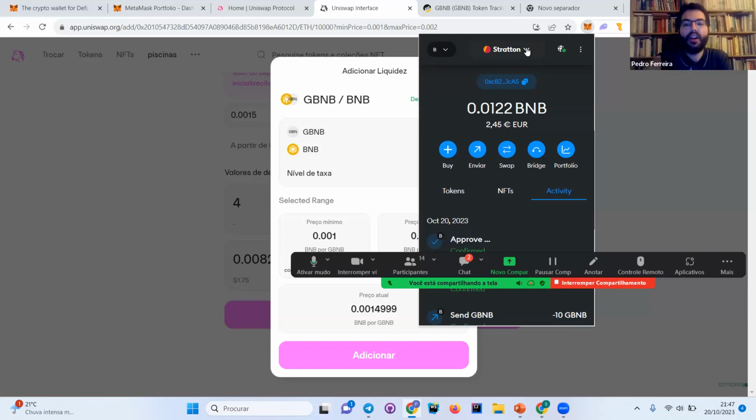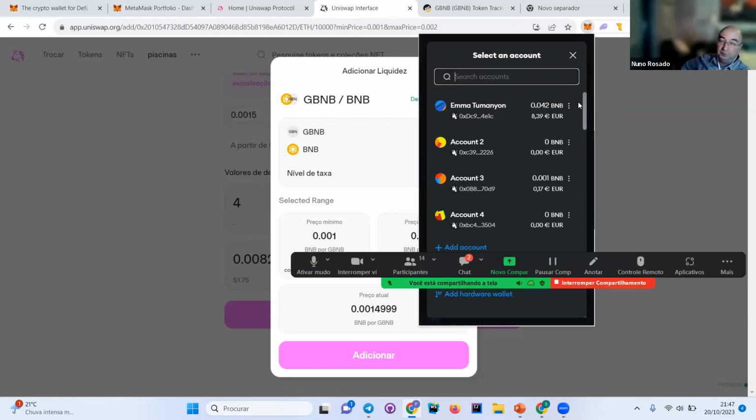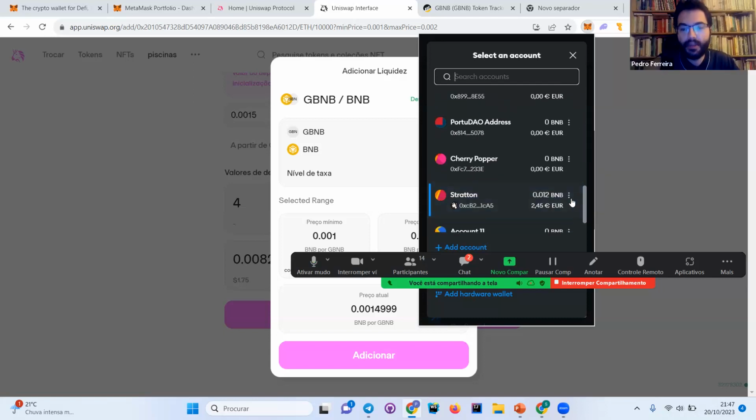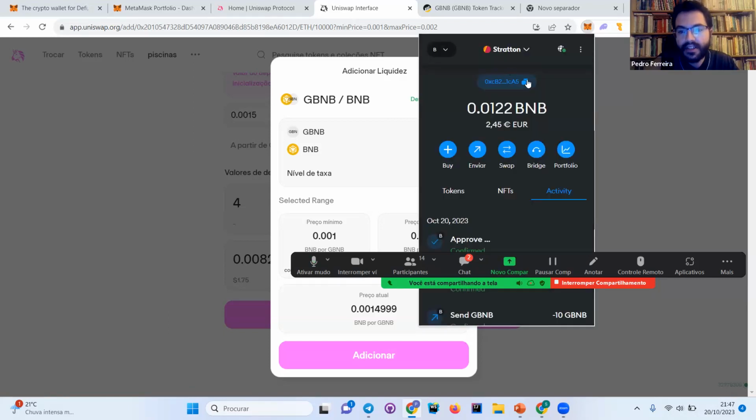But you have GBNB that will have value. So basically you will be able to trade the GBNB for BNB, and you will be able to add liquidity. So what you're saying is first we need to swap the GBNB for BNB. Exactly. But let me just add liquidity, because I do not have enough on this wallet. Let me just transfer liquidity.